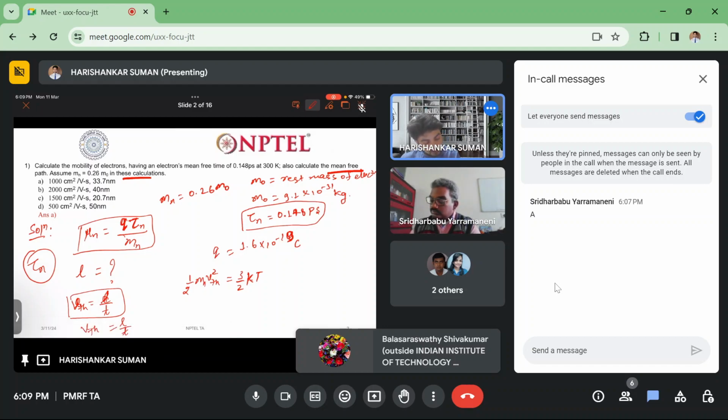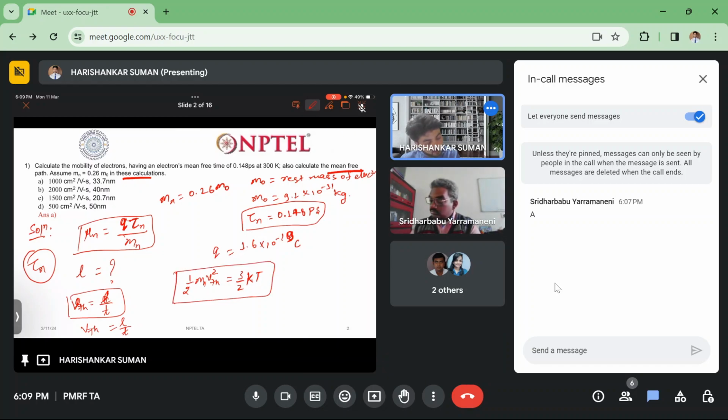So please apply this concept also here. This is the formula and this is another formula. After finding v_th, we can apply mean free path L equal to v_th into tau n. Please find now.